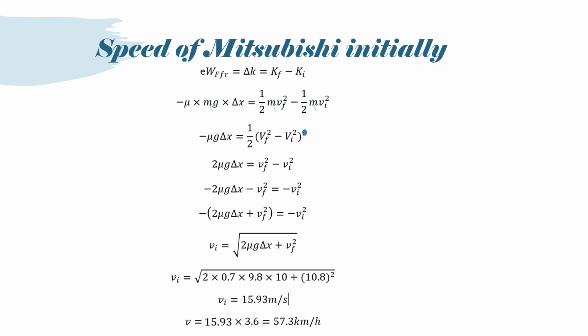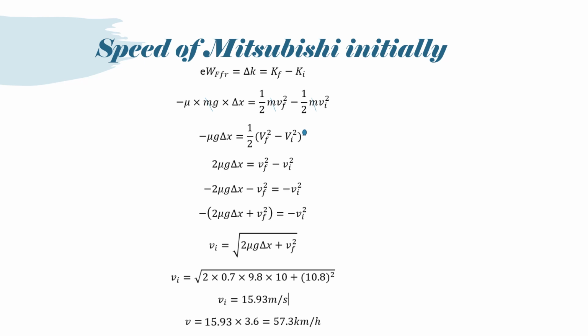We have the minus on both sides of the equation here again, which we can cancel out and we get v initial as square root of 2 mu g delta x plus v final square.